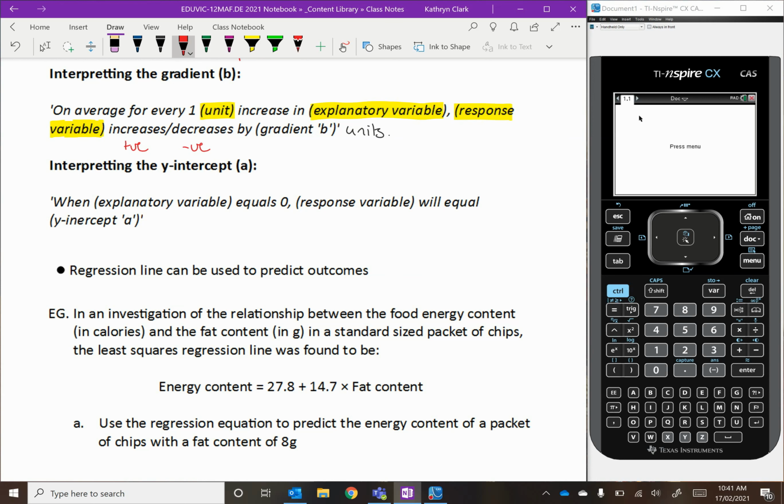I've also got a sentence here for interpreting our y-intercept, but I don't like it very much.